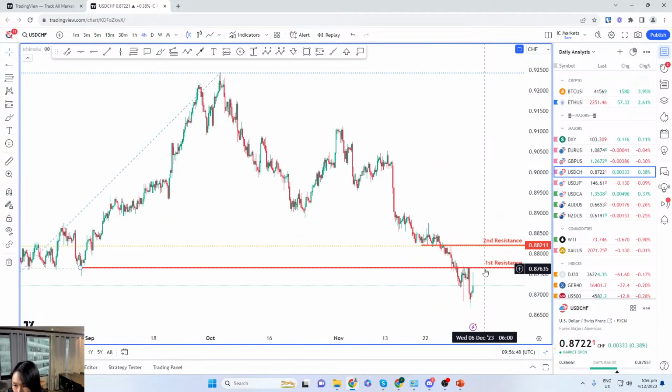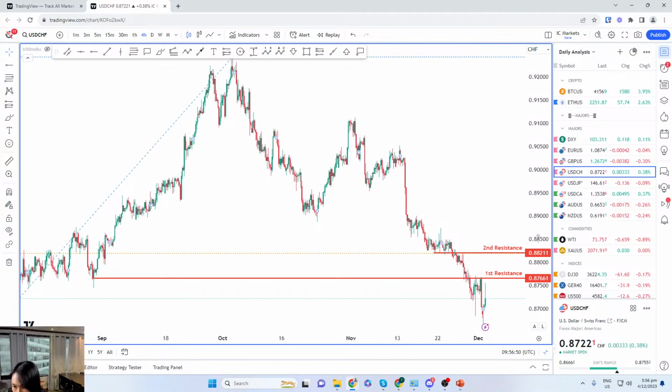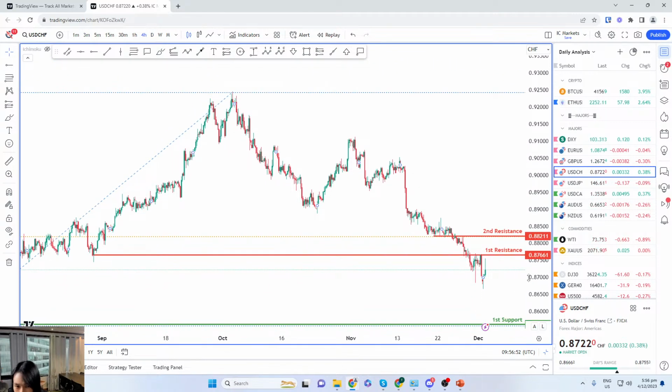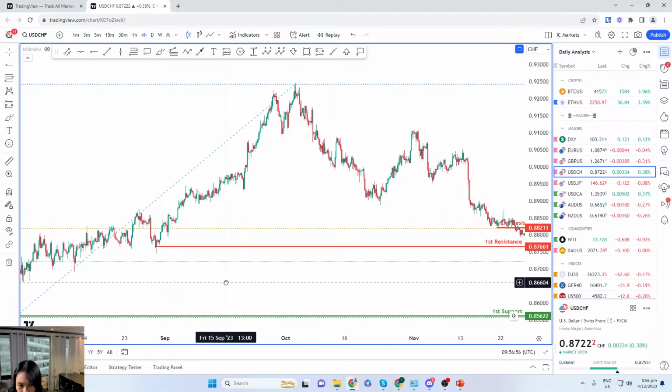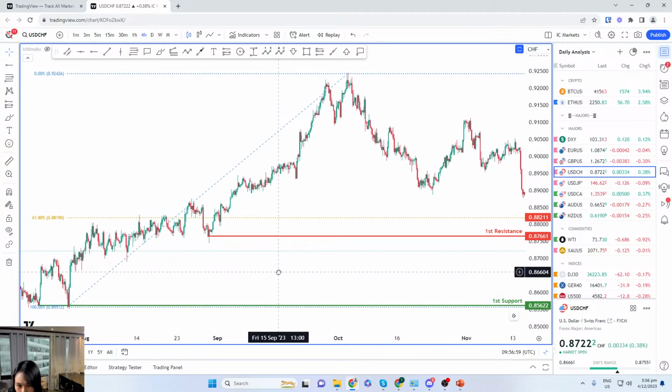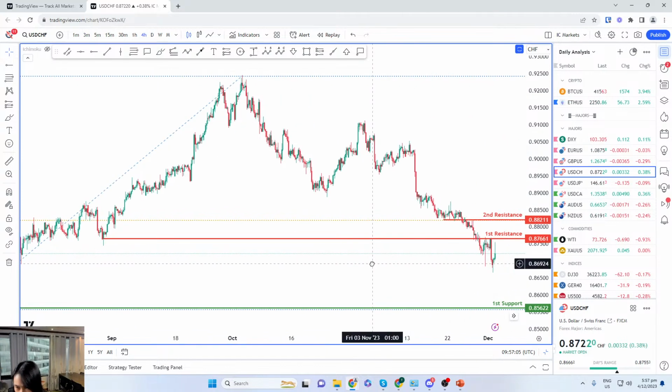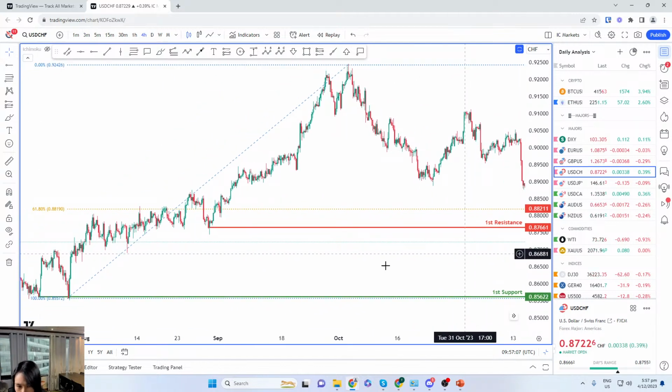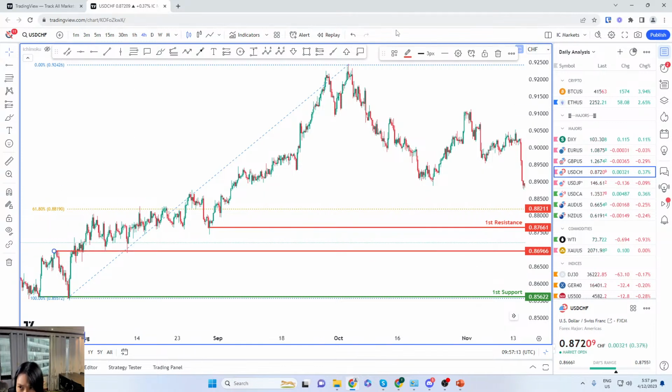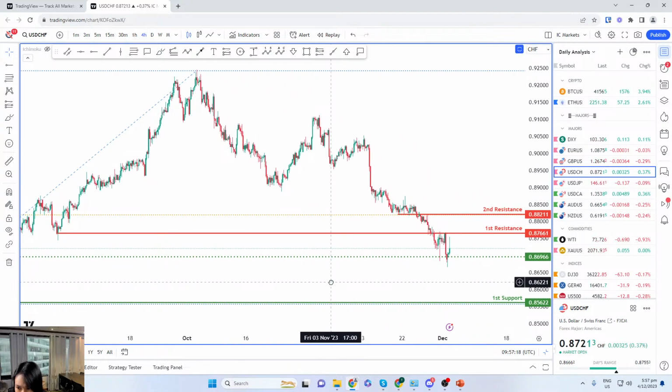So looking at the price now, you can see the price is moving towards the first resistance. Because the price is pretty far apart, if I were to use this as my immediate support level, let's see.